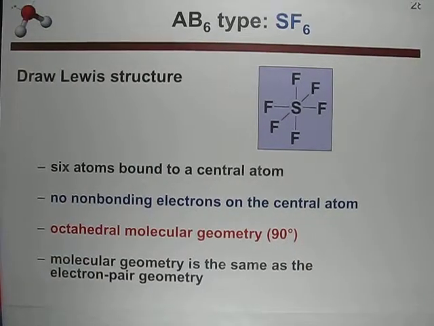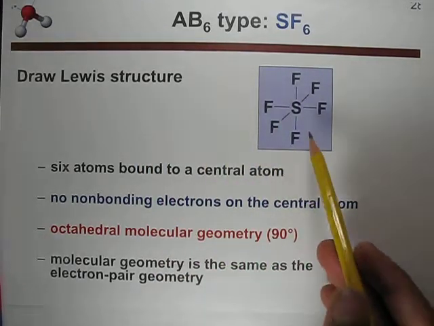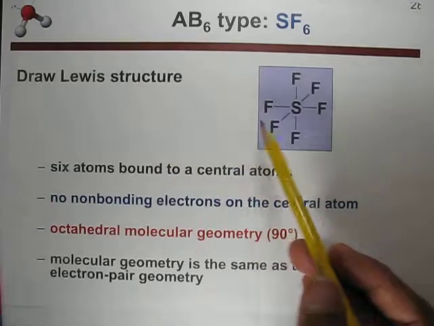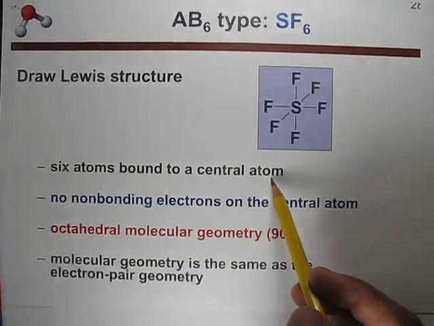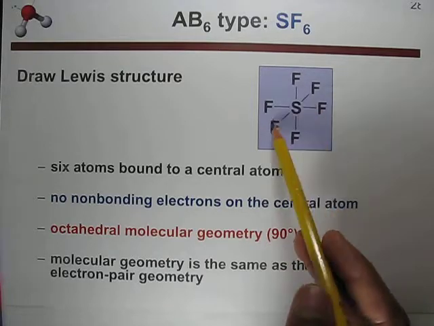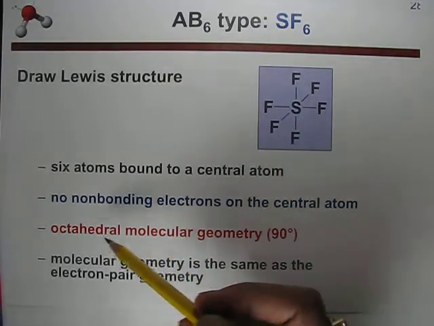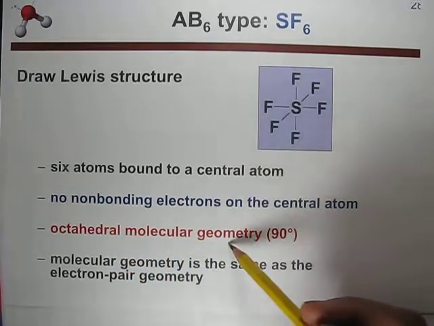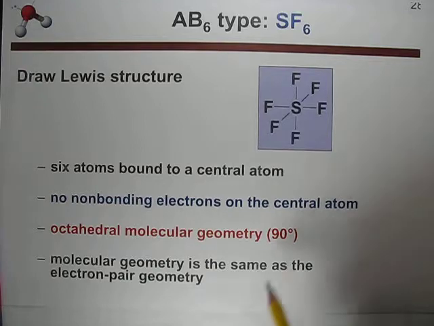Here is another example, SF6, sulfur hexafluoride. When we write down the Lewis structure, we notice that 6 atoms are bonded to the central atom, 1 2 3 4 5 6, and there are no non-bonding electrons on the central atom. So the octahedral molecular geometry and octahedral electron pair geometry are the same.